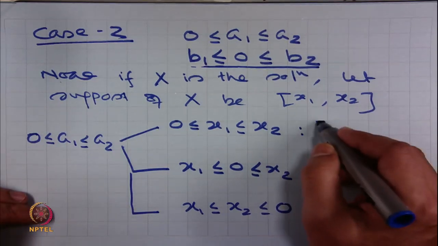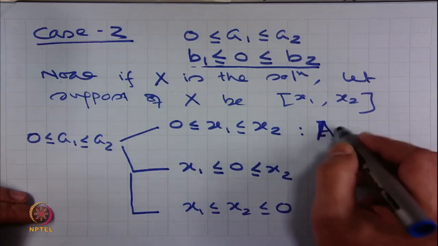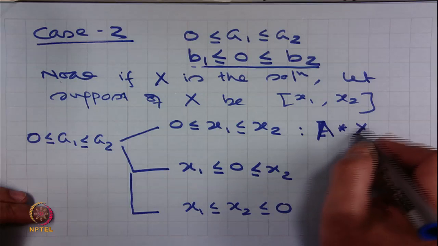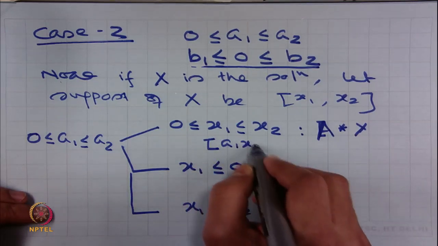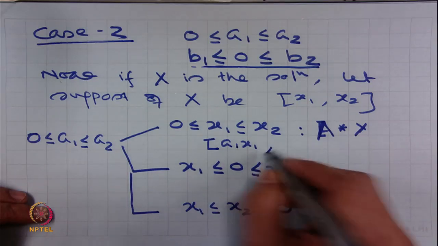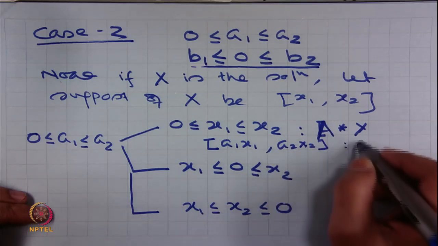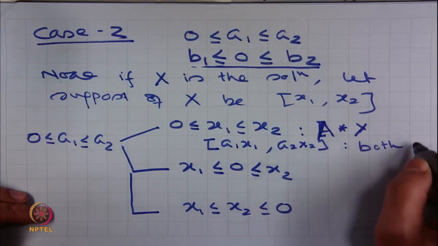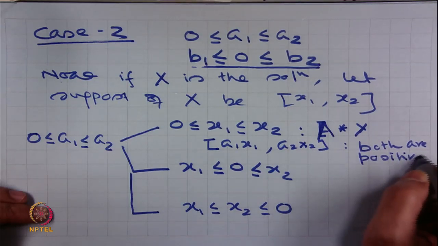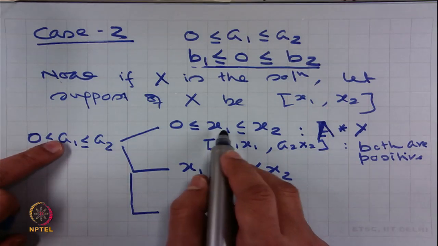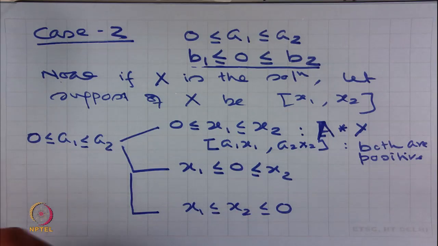In this case, we can see that A star x will be A1 x1, A2 x2, and both are positive, because A1 is positive, x1 is positive, A2 positive, x2 positive. Therefore, both of them are positive.